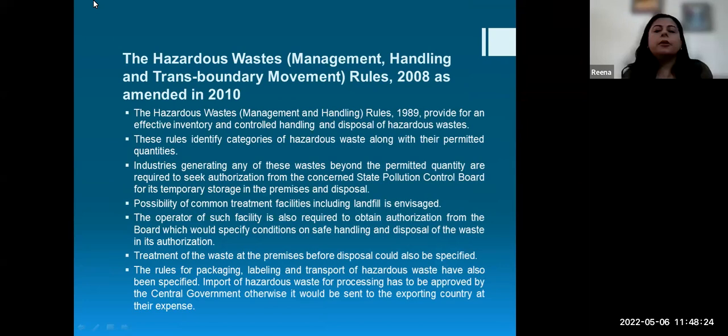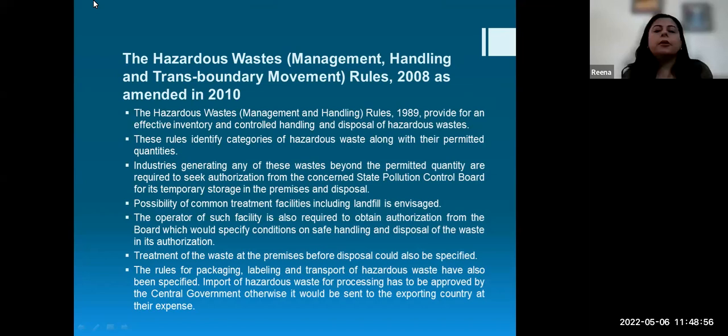So basically earlier, the industries were collecting the waste and then disposing it as per their prerogative, as per their fancies or the convenience of availability of any disposal site near their premises. But after these rules, they were governed under specific requirements of inventory, controlled handling, as well as disposal.